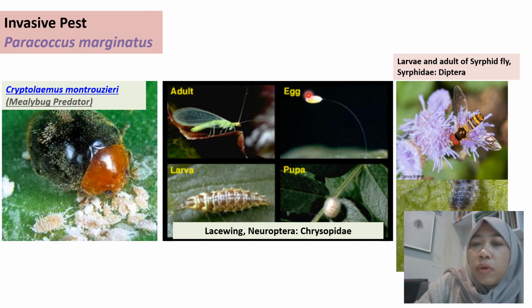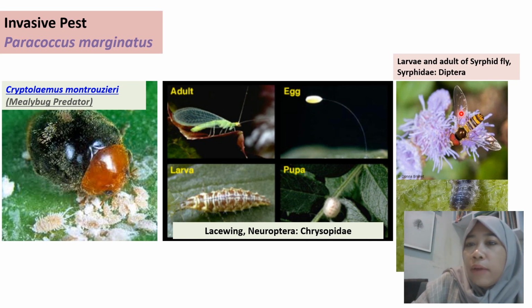The egg is so specific because it has a thread, and this egg is supported by a stalk or thread.